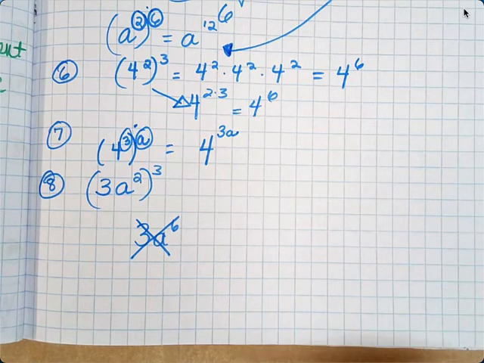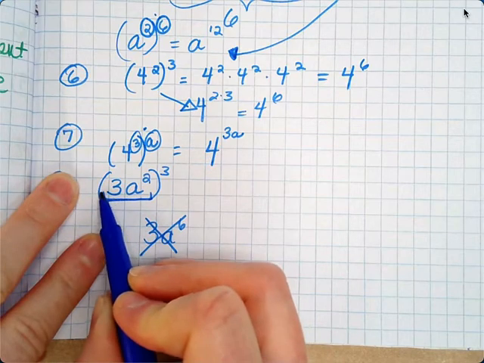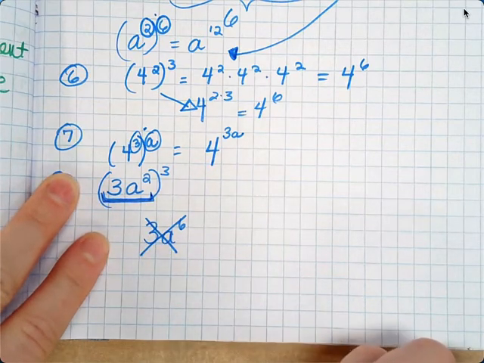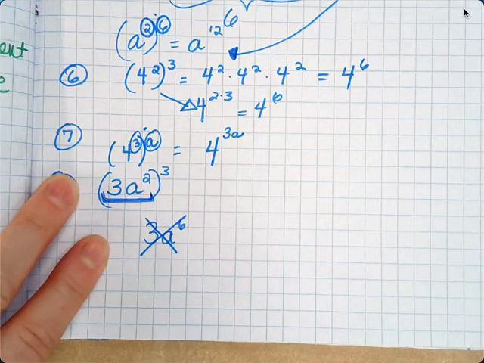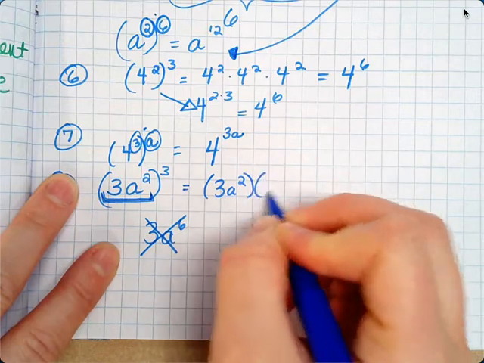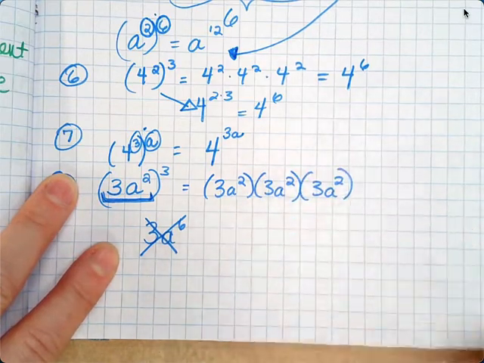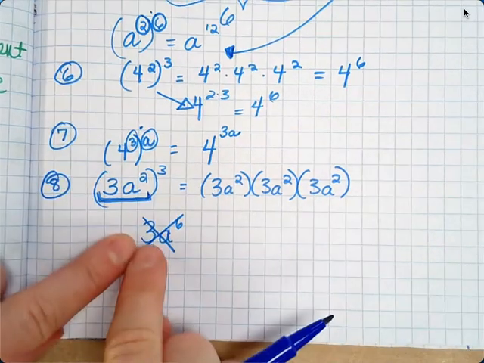What do we know about this whole thing? It's all being raised to the third power. So what this means is 3a squared, 3a squared, 3a squared. So it's not 3.